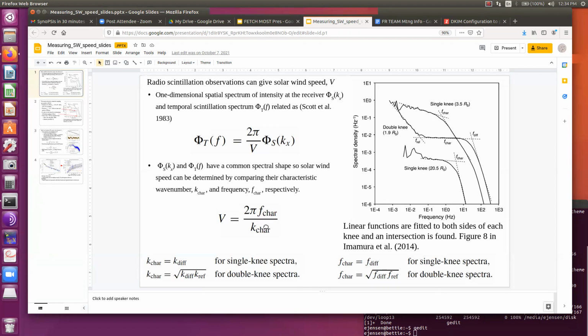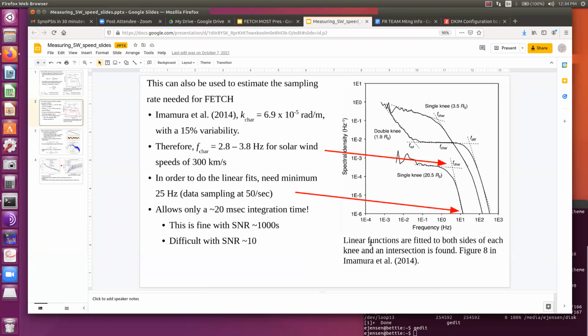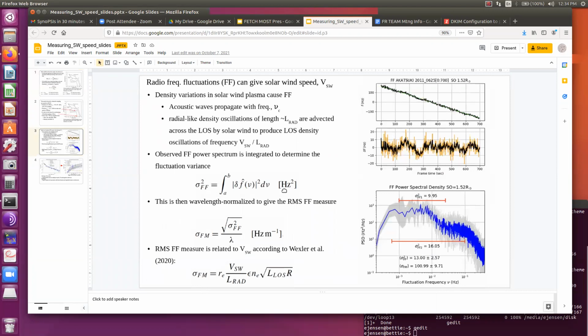And then we can do a spectral analysis off of those fluctuations and say, okay, this is our characteristic wavelength fluctuation. And so based on that, if we assume our magnetic flux tubes are a certain size, then we can get this relationship and calculate what is the velocity of solar wind crossing that line of sight.